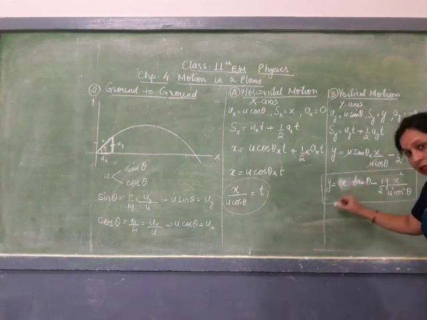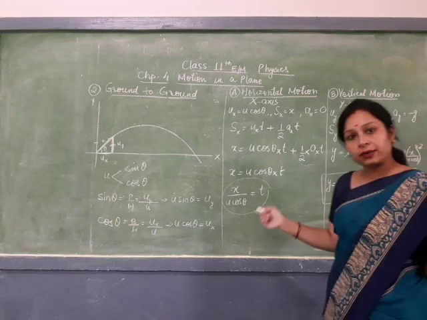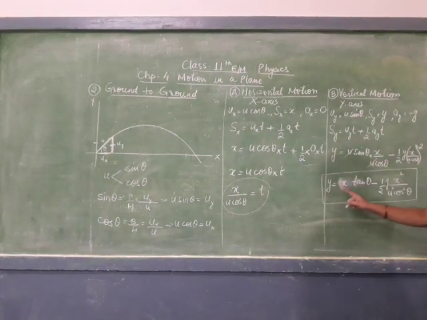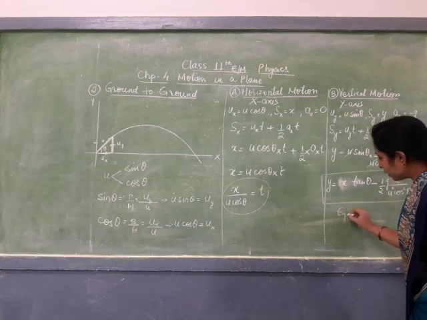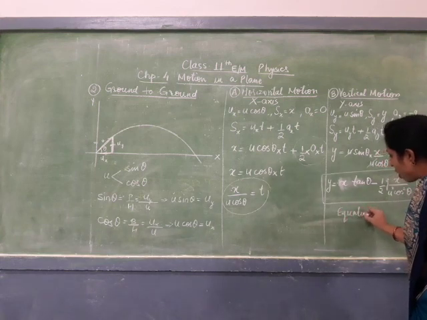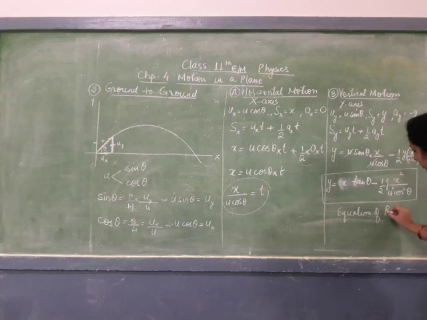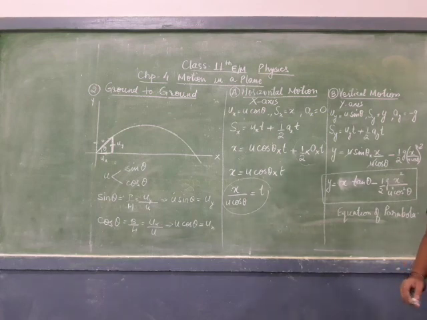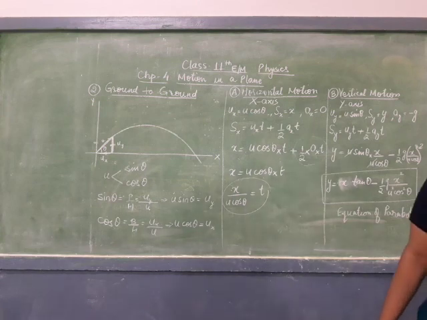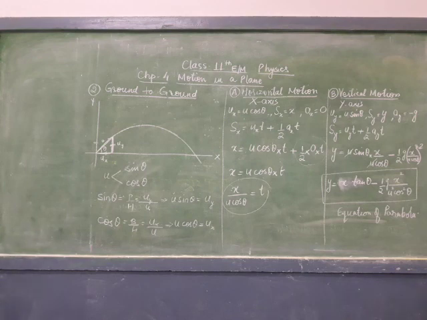For this ground to ground level, we have y is equal to x tan theta minus half g x square upon u square cos square theta. This is called the equation of parabola.